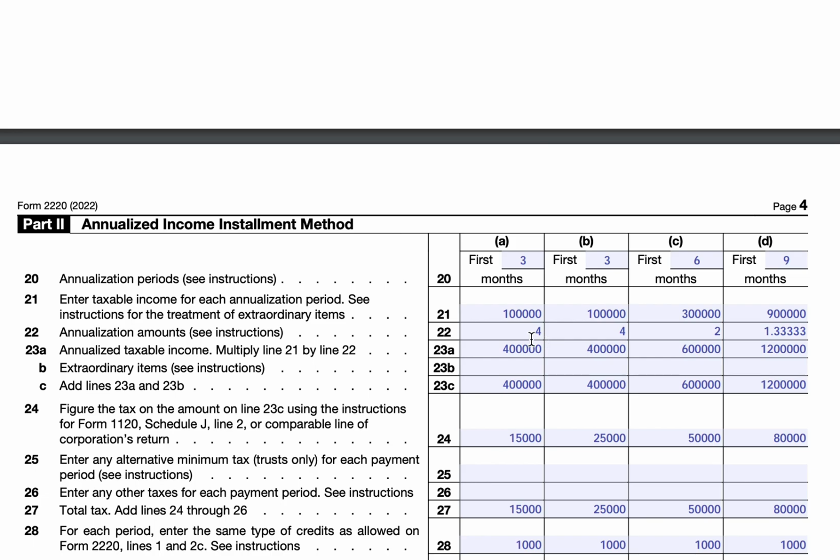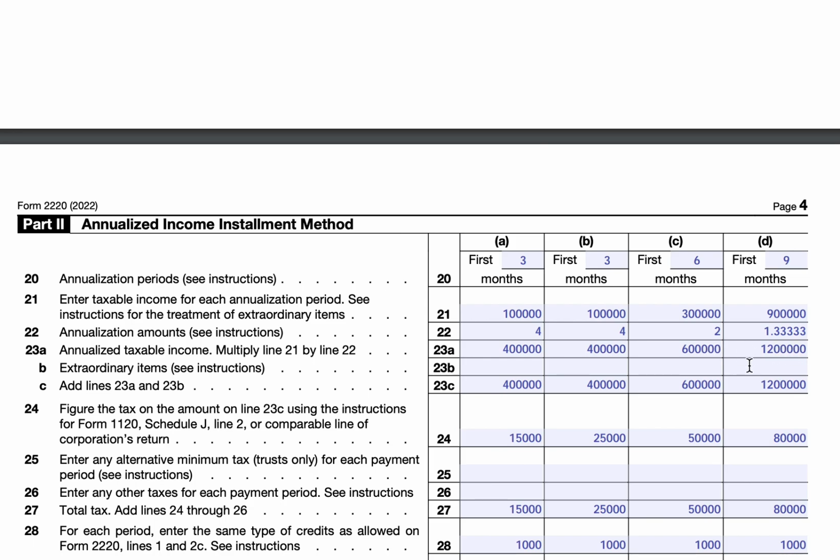So make sure that you use the same option for the annualized period as you do for the annualization amounts. From here, it's simple mathematics. So you're going to multiply line 21 by the line 22 number, and 400,000, 400,000, 600,000, and then 1.2 million.